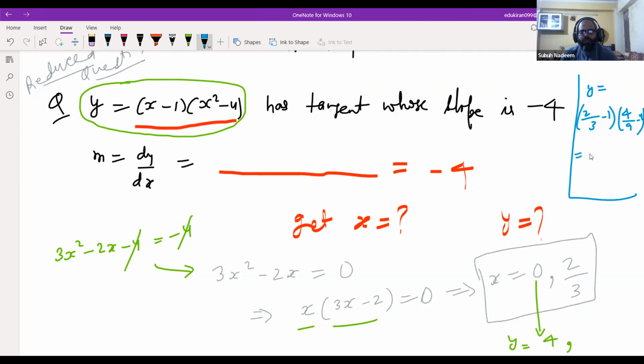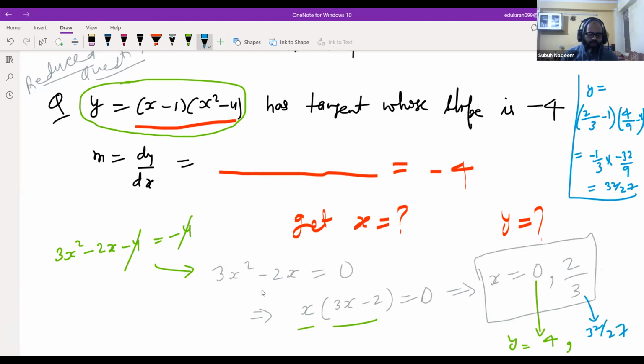So this will be minus 1 by 3 into 4 minus 36, minus 32 by 9. So it will be 32 by 27.